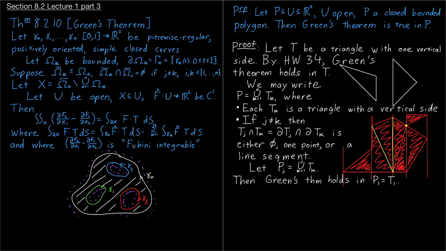And so we just need to do an induction argument. We need to show if you start with a polygon and put it together with a triangle, and you've got Green's theorem in the polygon and triangle, then you've got it in their union.